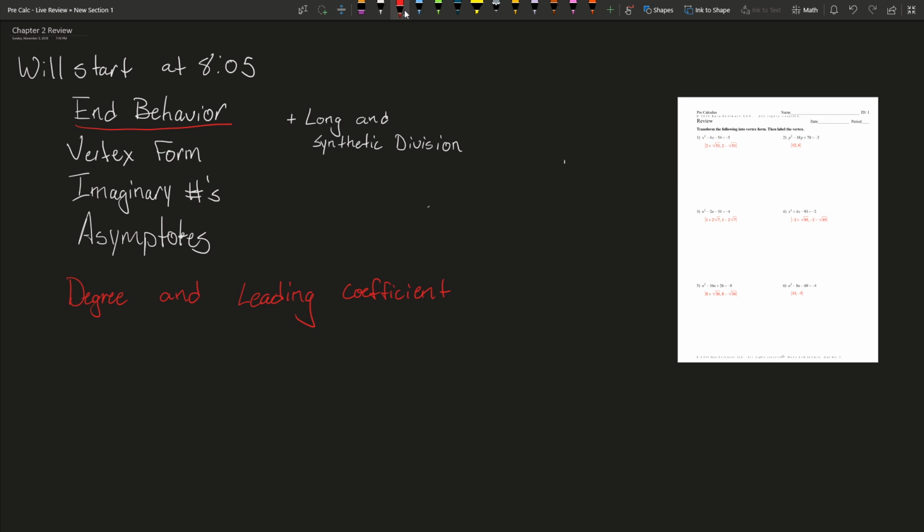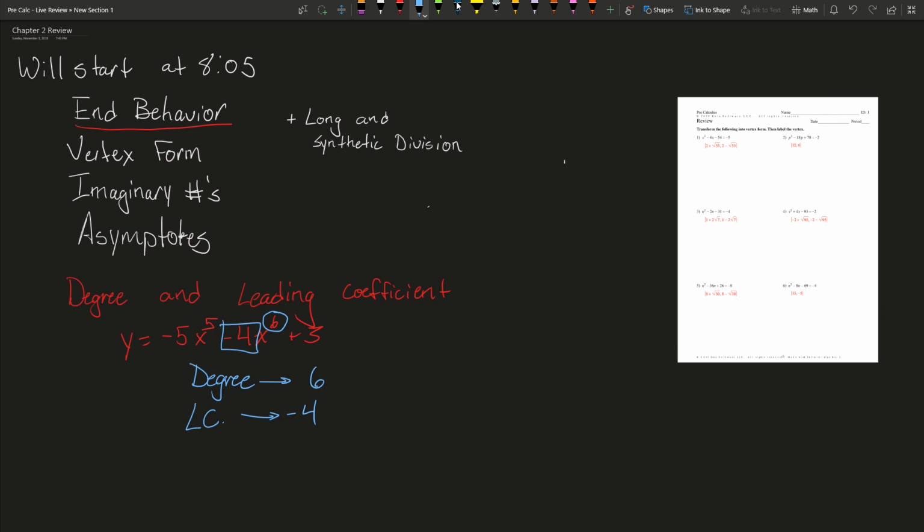So a quick example, if we have y is equal to negative 5x to the fifth minus 4x to the sixth plus 3, the degree is always going to be the highest exponent. So in this case, the degree is 6. And the leading coefficient is the thing attached to that. So this is negative 4.